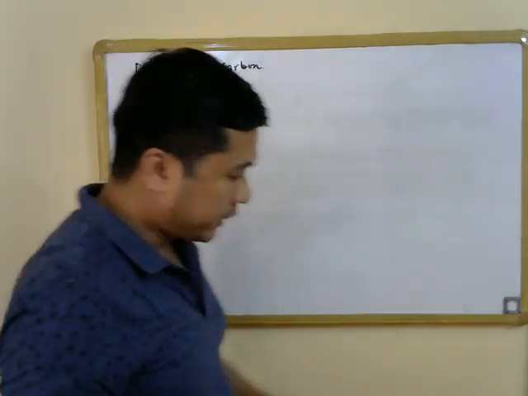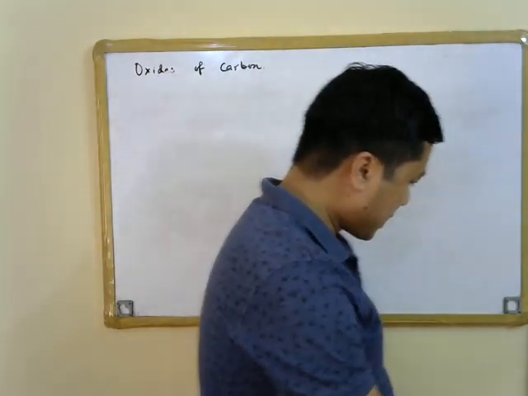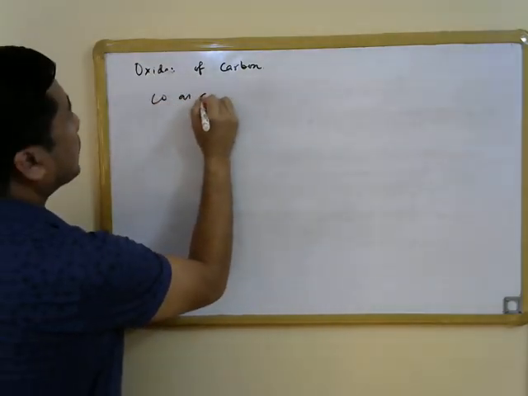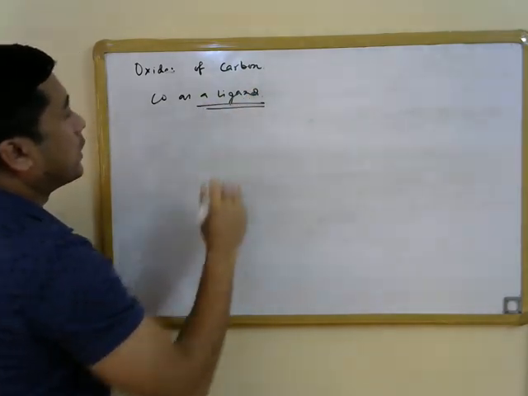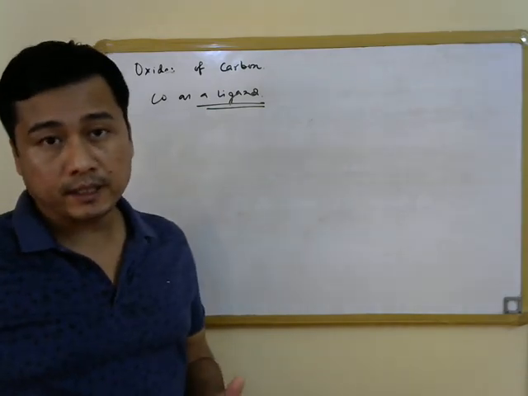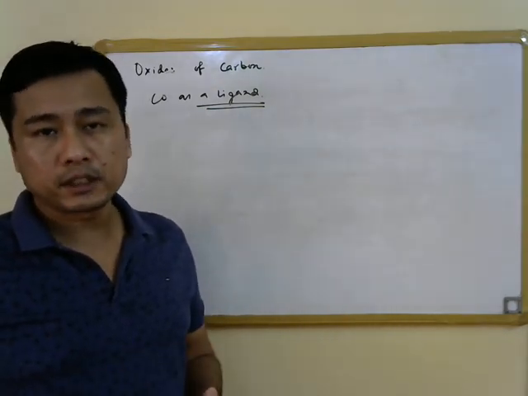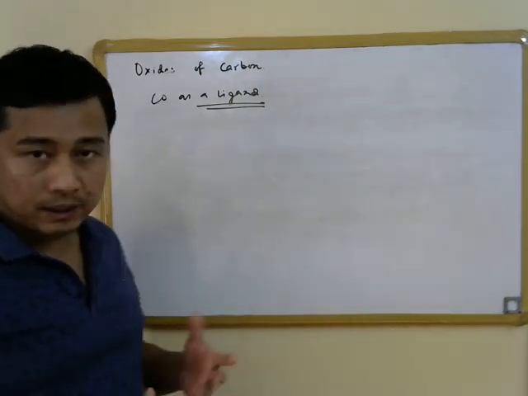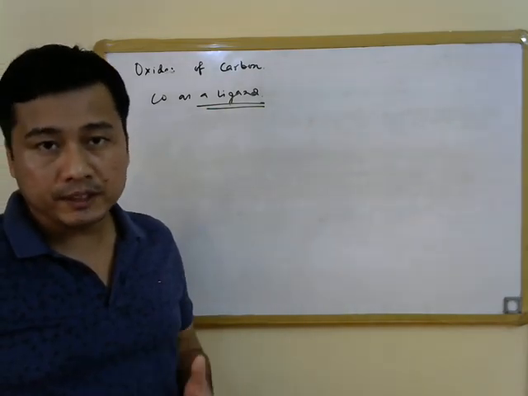Now, carbon monoxide is a very important ligand, and it forms complexes with almost all the transition metals, and extensive chemistry of this carbonyl chemistry has been investigated.